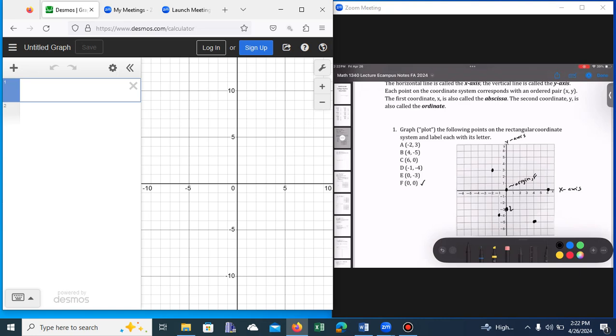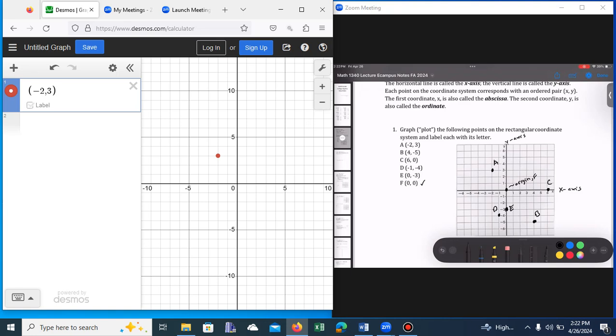So we can label these. E. A is -2, 3. B, let's see. And you can do any of these points in Desmos. I won't do them all, but I'll do one. You just type in with parentheses -2, 3, and it graphs the point.